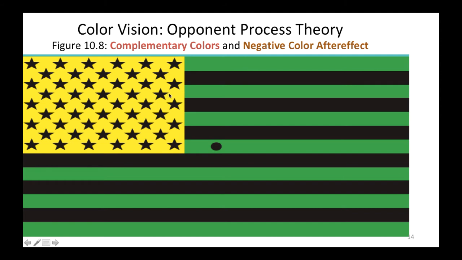Staring at yellow and perceiving blue after it's removed. So you should have probably seen this traditional red, white, and blue American flag after staring at this yellow, green, and black one. And this is going to be relatively systematic for us, the way that these colors kind of work.